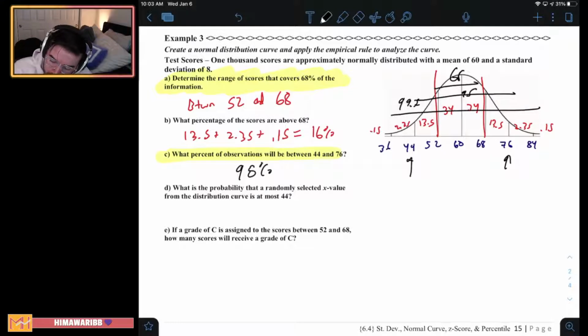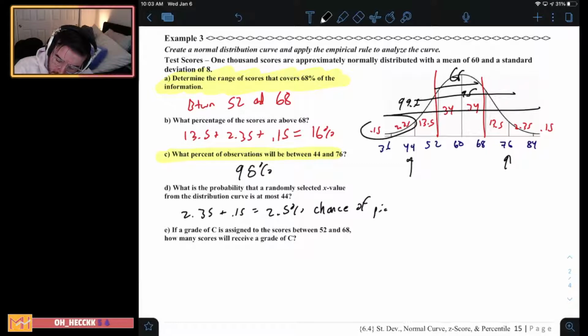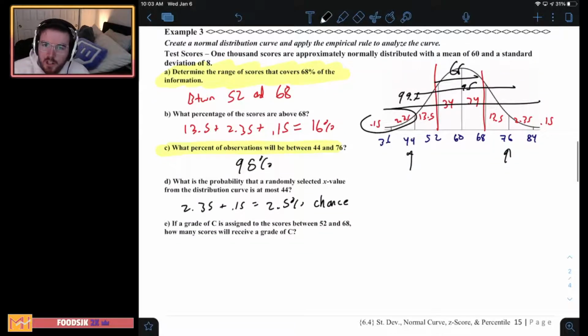So only these two. 2.5% chance. I'm just going to say chance, I don't need to phrase some fancy sentence. 2.5% chance.